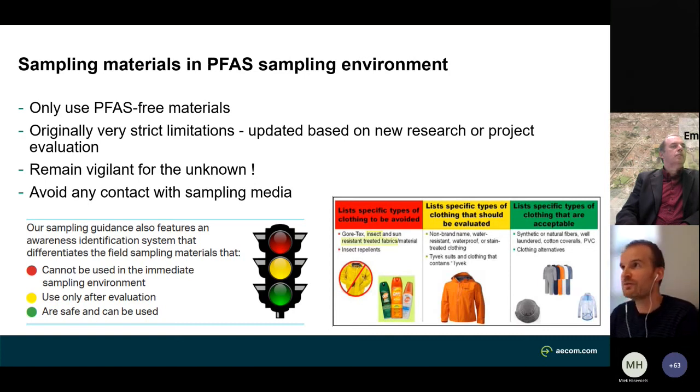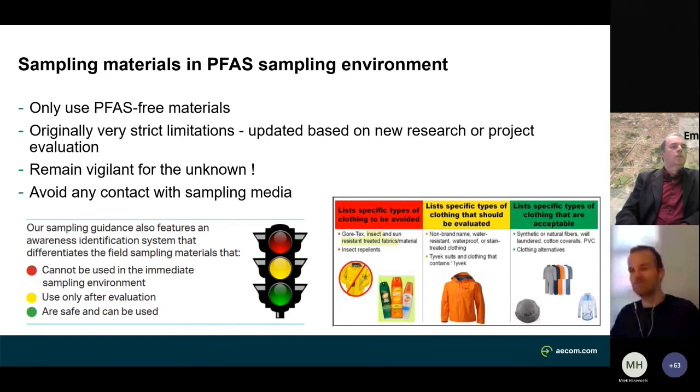We do have project examples where concentrations of PFAS were discovered during a project, and it was unexpected. And after additional research, it pointed towards the use of improper clothing and the use of these kinds of materials in the field. So there is a risk.